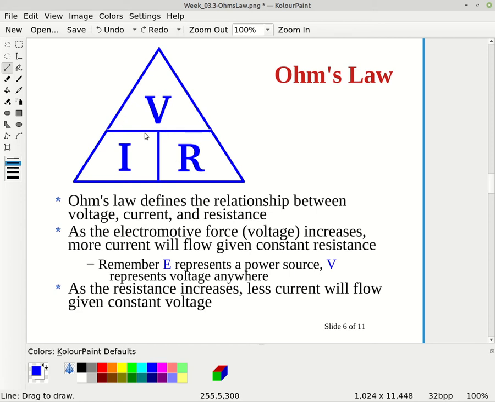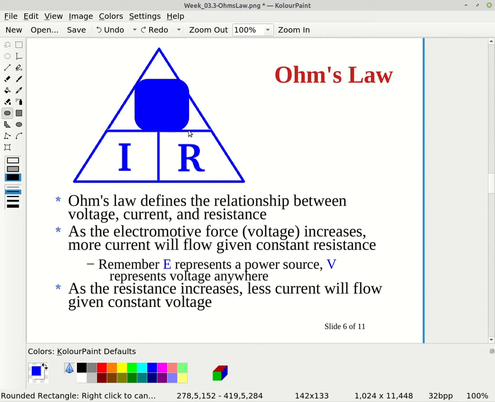So this little symbol here for voltage, current, and resistance is often used to indicate Ohm's law, because we have the three elements. And so if we wanted to find the voltage, you cover the voltage up, and then you can say that current times resistance gives us the voltage.